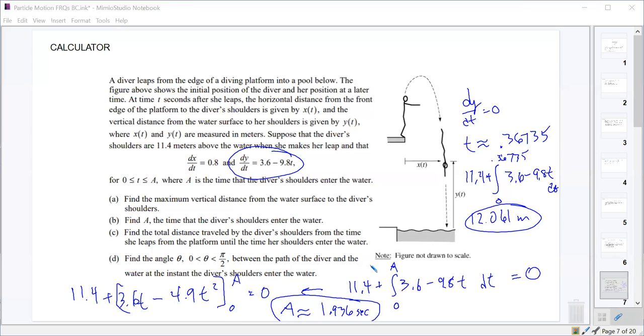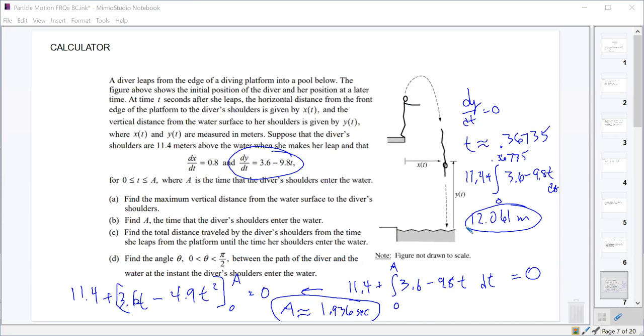Yeah, all of part B, okay. So we want the position of the diver's shoulders to be 0, because that's when we'd be hitting the water, because we started 11.4 meters above the water, right?